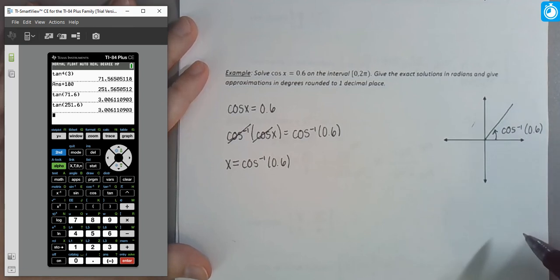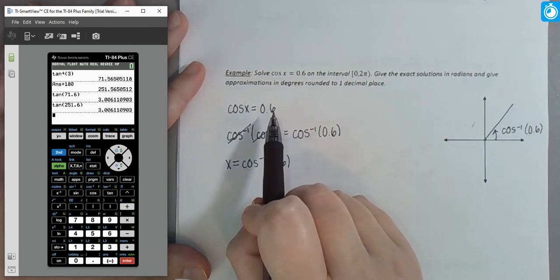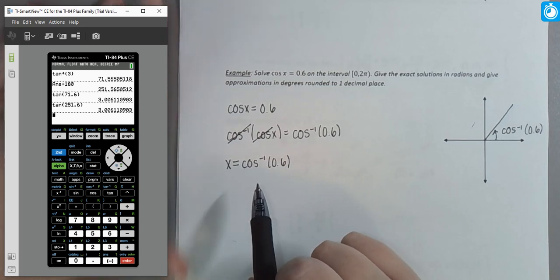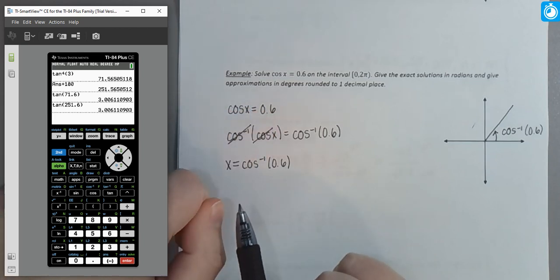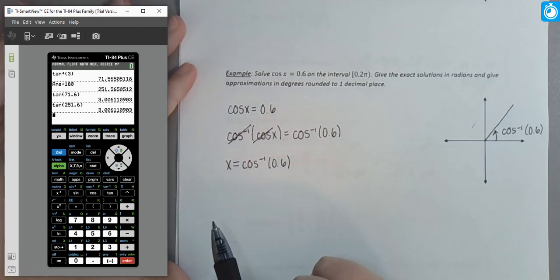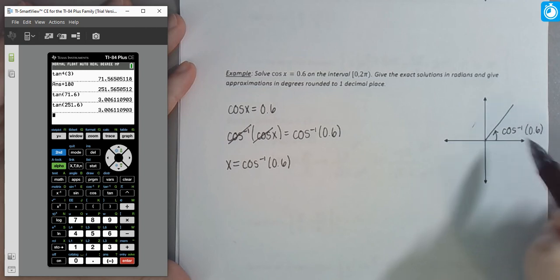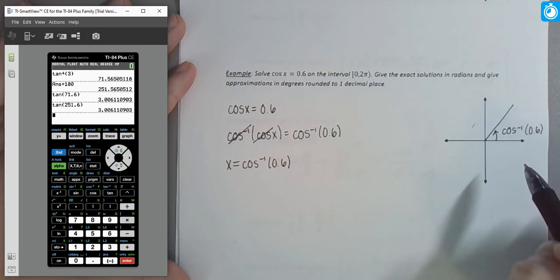So how would we generate the angle in quadrant 4 corresponding to a solution to this equation? Well, what do we know about angles if they have the same value for cosine? We're saying the cosine of one angle is 0.6, the cosine of the other angle is 0.6. What we know about those angles is that they would have to have the same reference angle. In other words, the angle we generate here in the fourth quadrant has to be related to this angle by the fact that this angle is its reference angle.